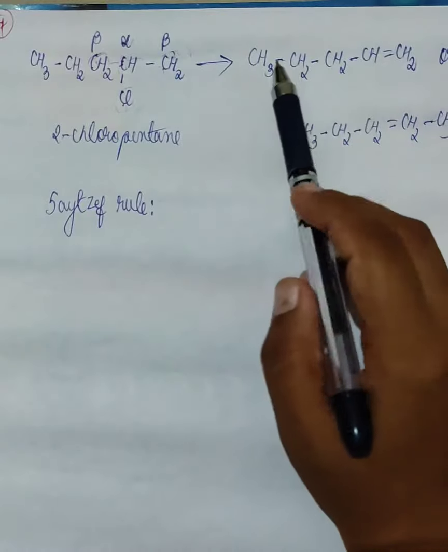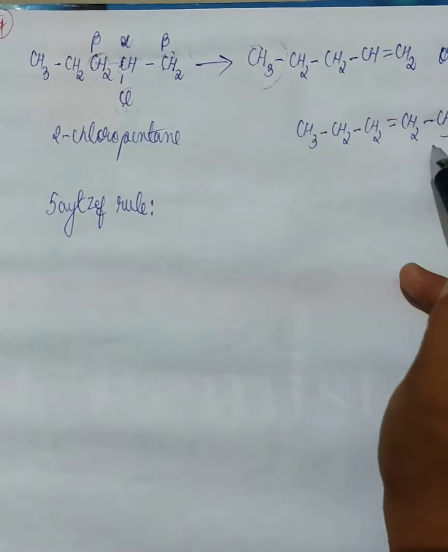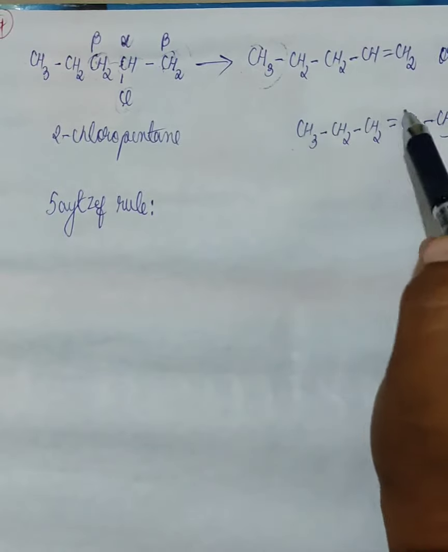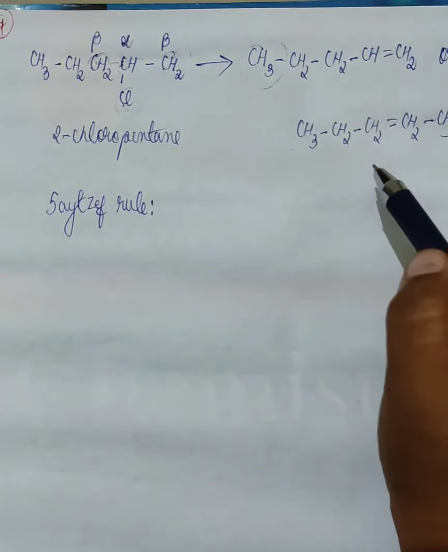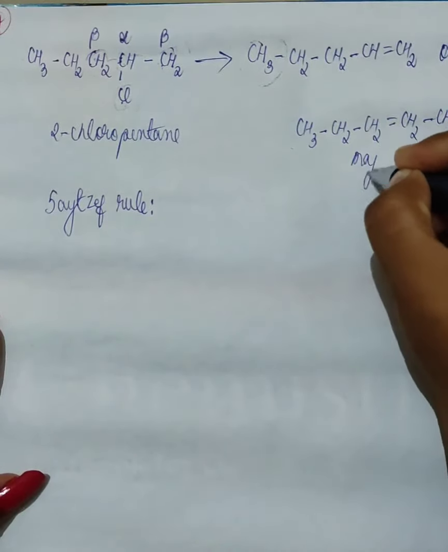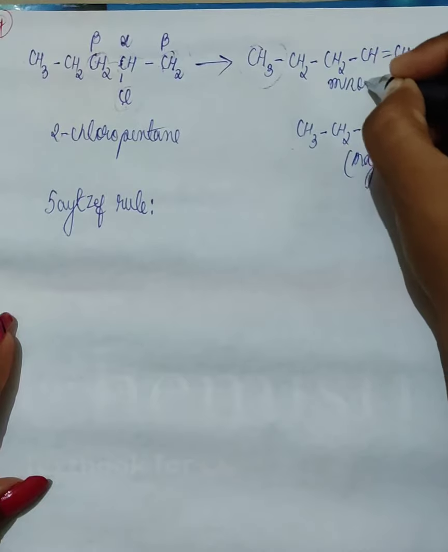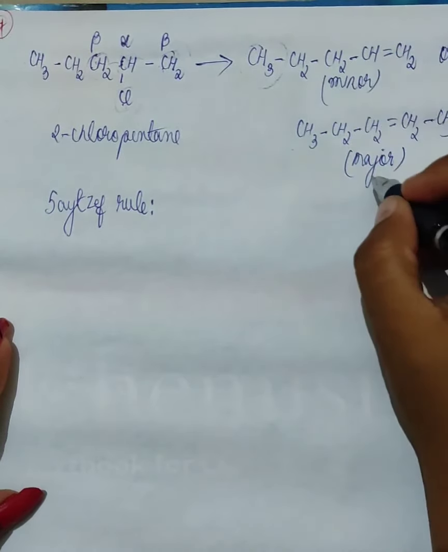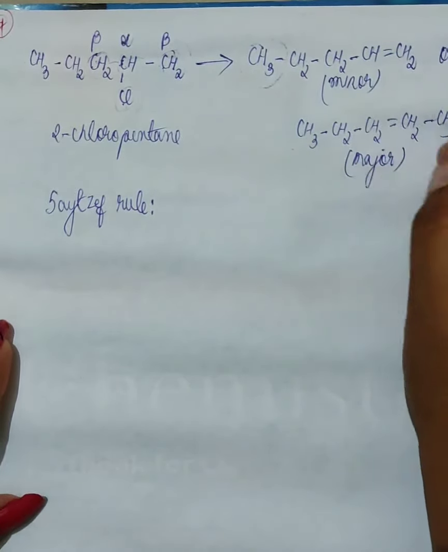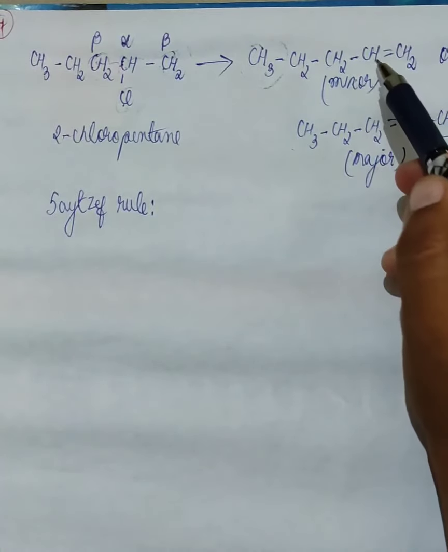In this case we have one methyl group, but in this case we have two methyl groups. So this has the highest substitution, so this will be our major product and the other the minor product. Major means we will be getting this in a large amount and this one in minimal amount.